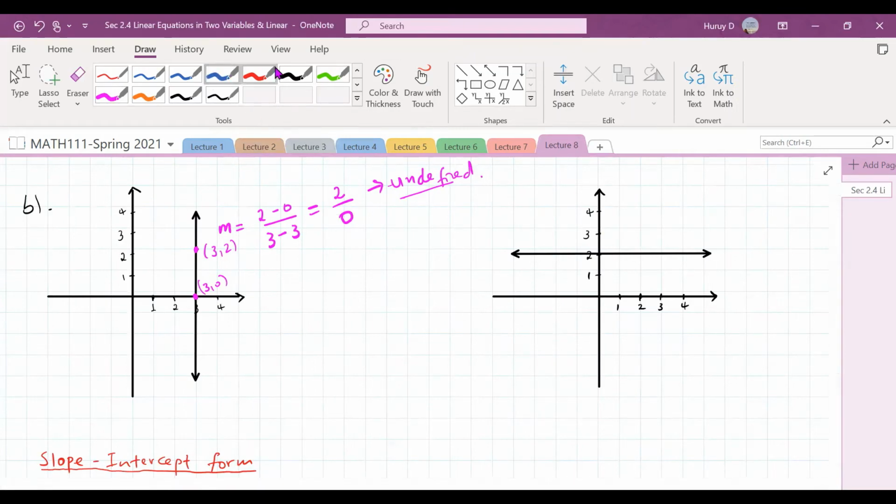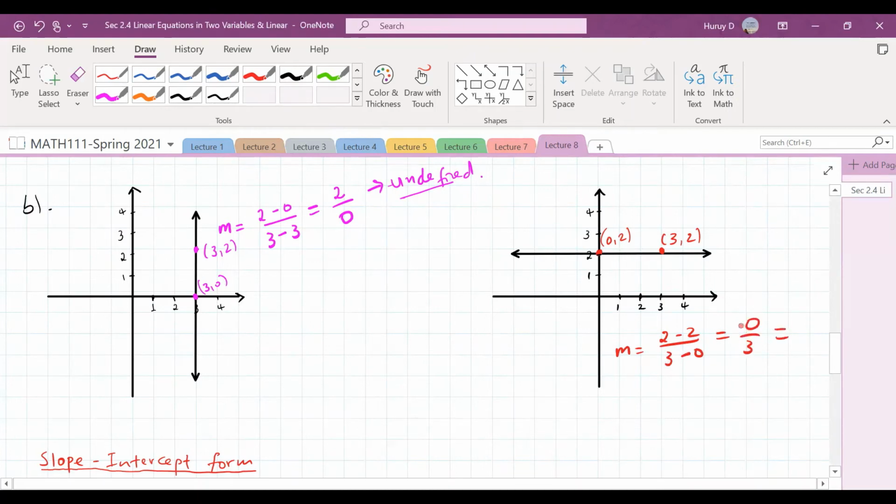Another case is a horizontal line. Suppose this is 0, 2, and I will take this one as 3, 2. Now the slope for this one is y2 minus y1, 2 minus 2, over x2 minus x1, 3 minus 0, which is 0 over 3.